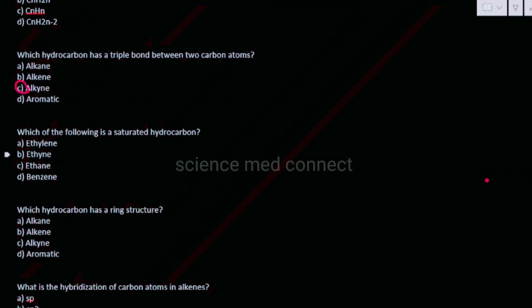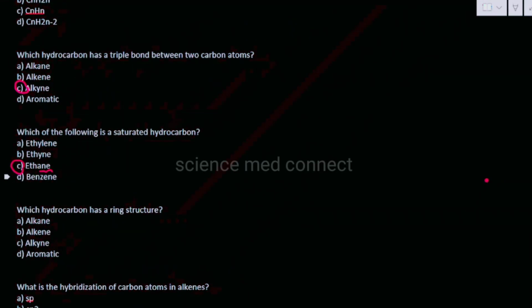The next question, which of the following is a saturated hydrocarbon? We know saturated hydrocarbons are only alkanes and cycloalkanes. So the answer is ethane, because ethane is an alkane.